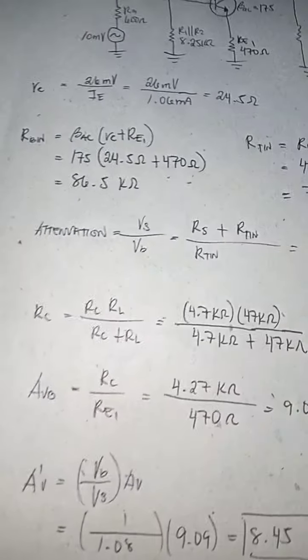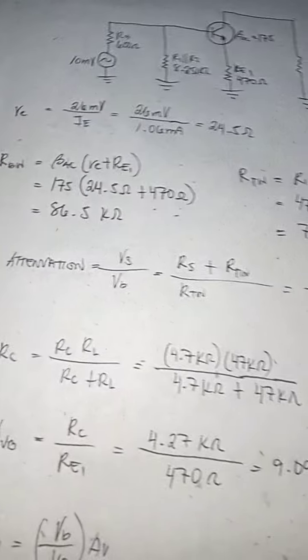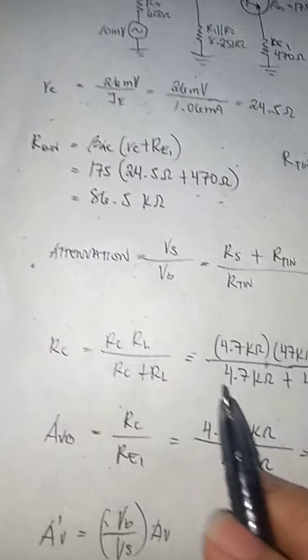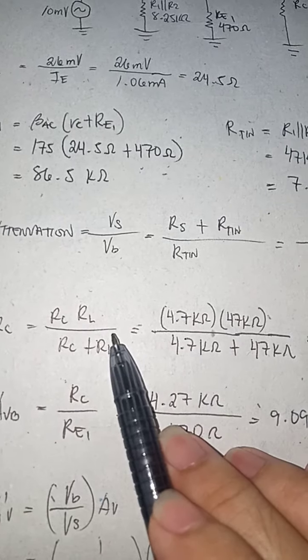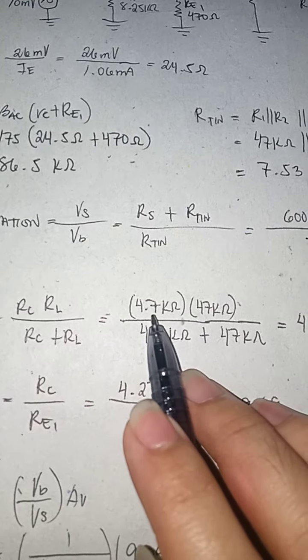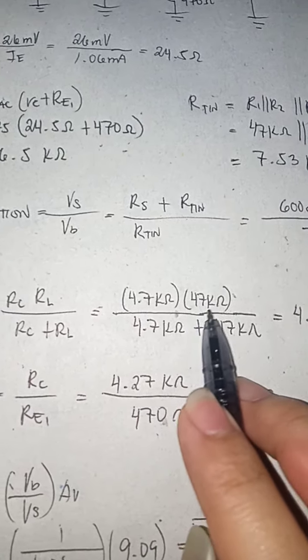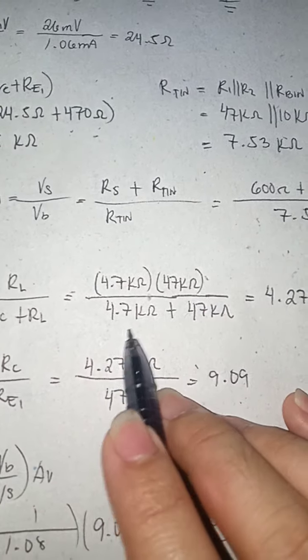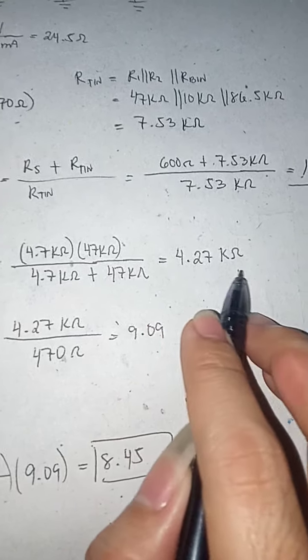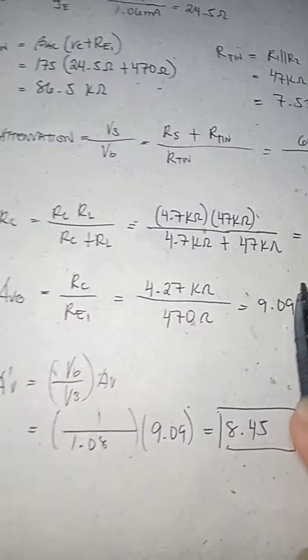To find the collector resistance of the AC circuit, here is the formula: RC parallel to RL, which is 4.7 kilo ohms times 47 kilo ohms over 4.7 kilo ohms plus 47 kilo ohms, equal to 4.27 kilo ohms.